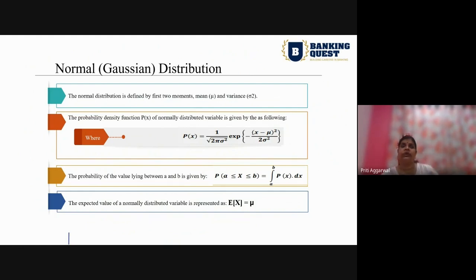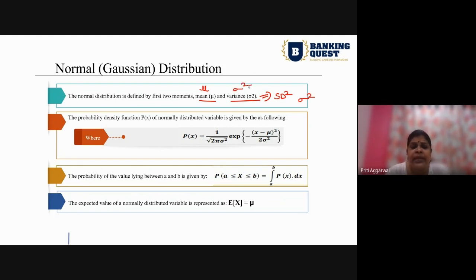Throughout the next half hour, 1.5 hour session, we are only going to talk about the mean and variance. Variance is nothing but the square of your standard deviation. So we symbolize it this way. Mu is your mean, and standard deviation square is your variance, right?